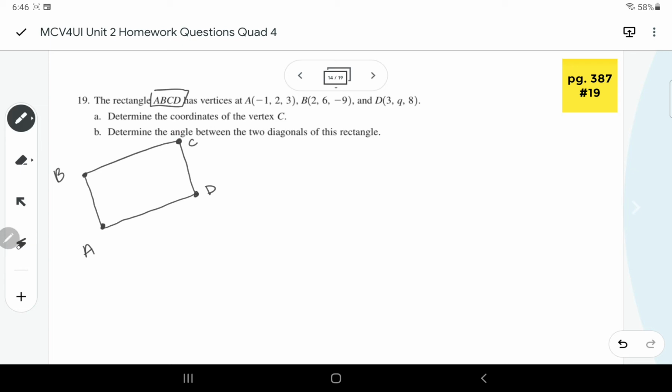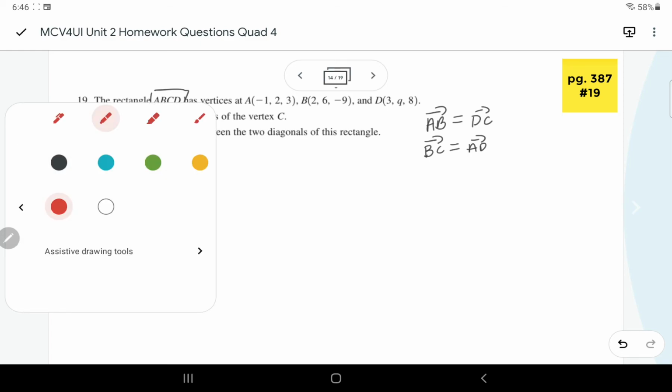So things that I know here, I know, for instance, that vector AB is going to equal vector DC, and vector BC is going to equal vector AD. Things like that.